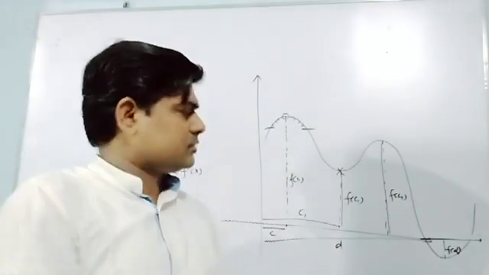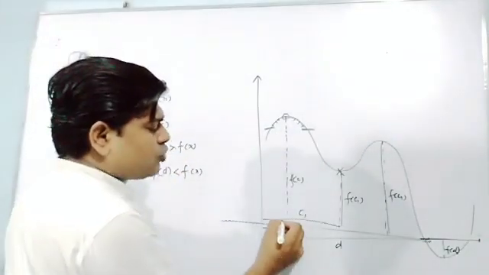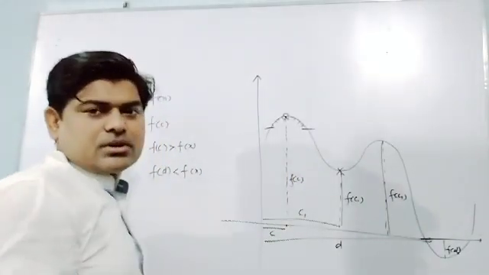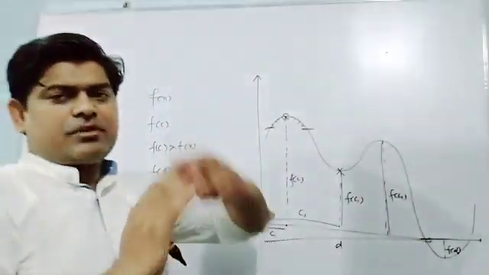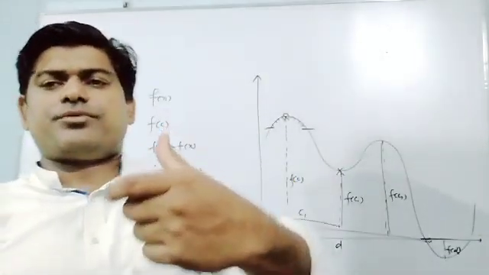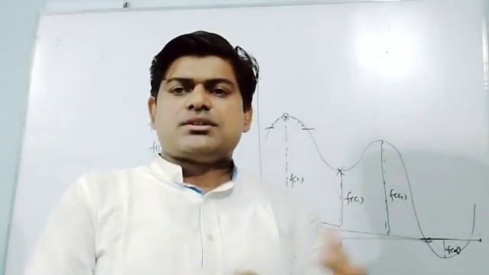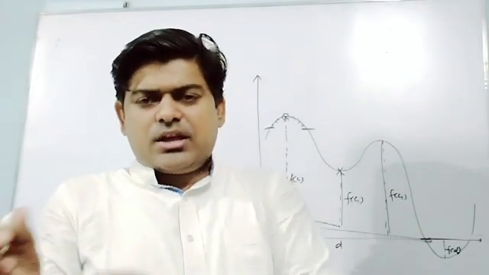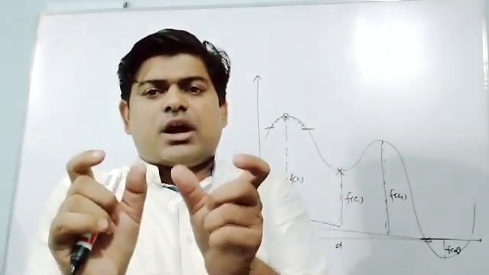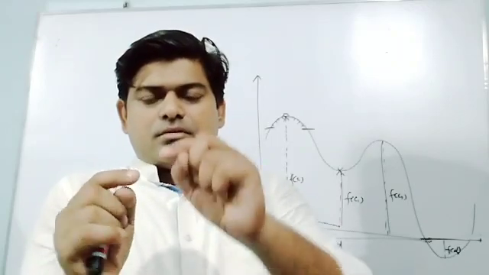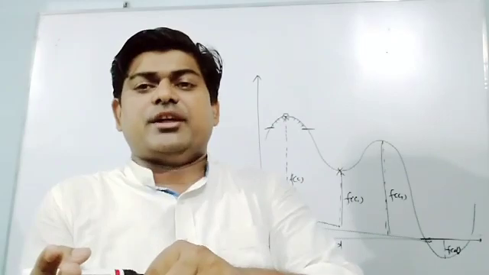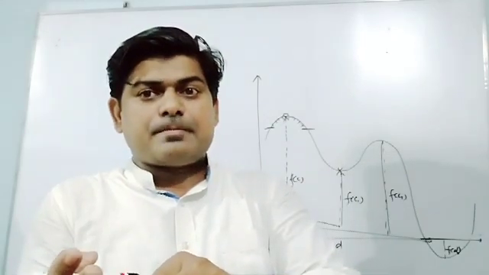Why local? See, I took one point c and then I got f(c). Neighbor of c means what? Some value of x which is less than c, some value of x which is a little bit more than c. And if we calculate f(x) on c and on the neighbors of c, we find that f(c) is the maximum one.